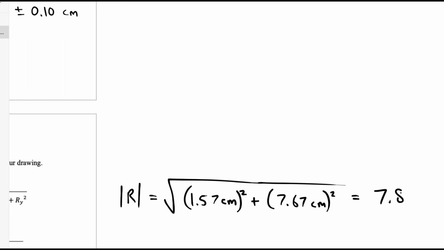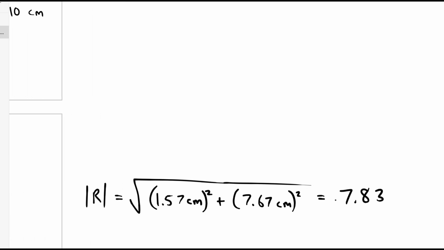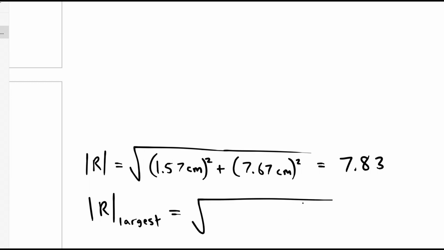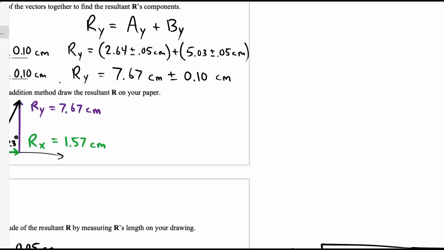I get 7.83 for my best estimate of R. However, I should also find the largest through a method of propagation of uncertainty. One of the easiest ways to propagate uncertainty would be to add the uncertainties to the quantities in question.